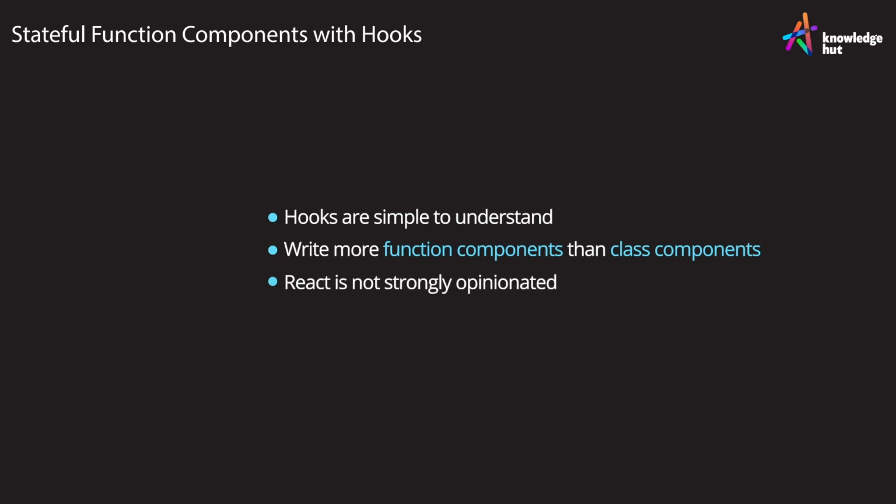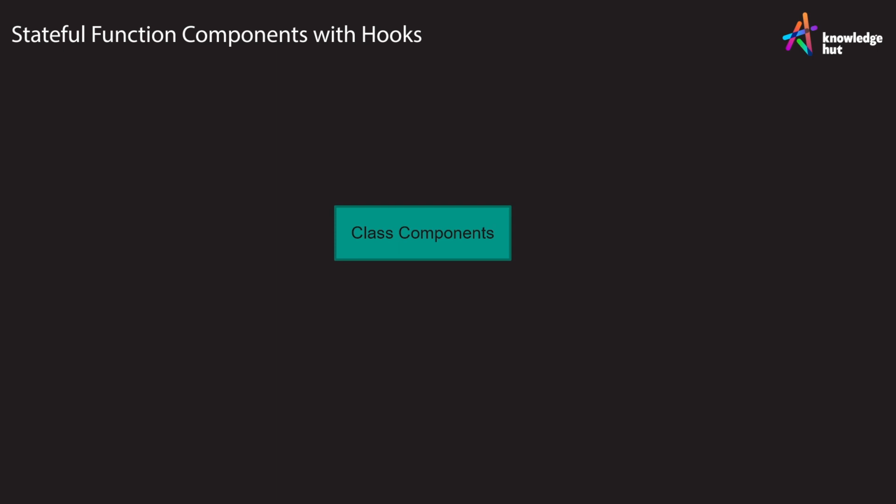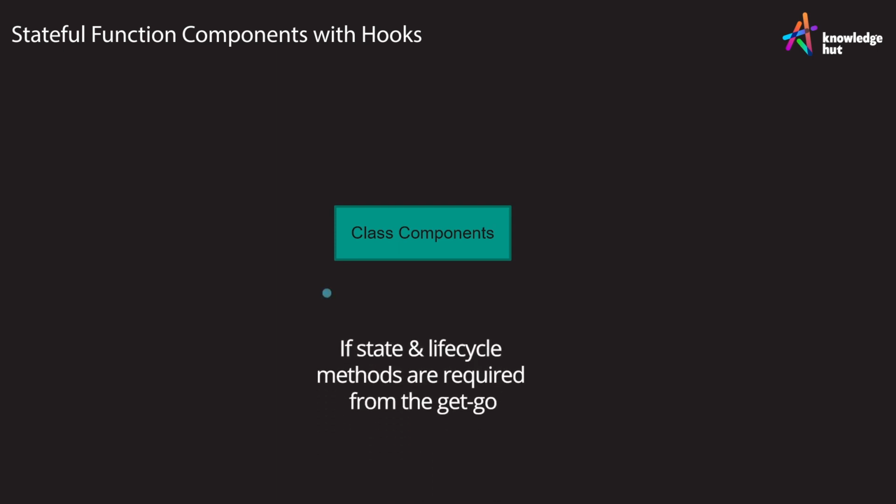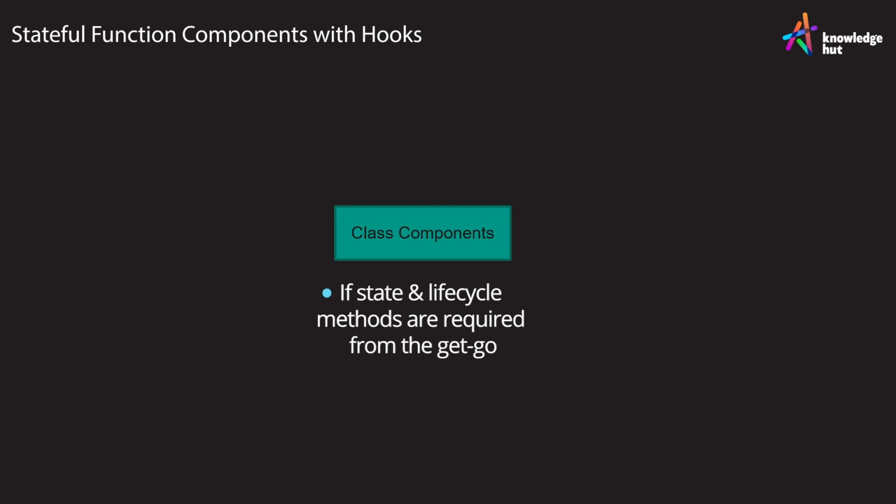React does not enforce or express a strong opinion on the type of components that you should build. Ultimately, picking between function and class components depends on the objective of the component. If your component uses state, lifecycle methods and more from the get-go, then you're probably good building a class component.